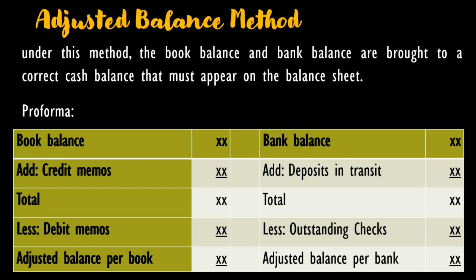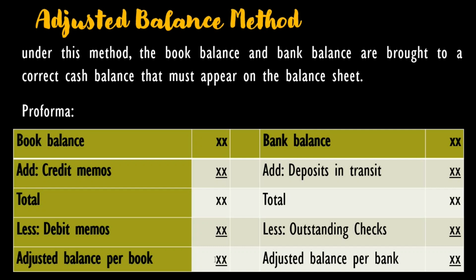So, after that, you deduct the outstanding checks. Bakit? Because per records natin sa company, disbursements na yan. Kaso lang hindi pa lang na-present for payment, no, ng mga payee sa bangko. So, you have to deduct outstanding checks para ma-reflect ang adjusted bank balance.